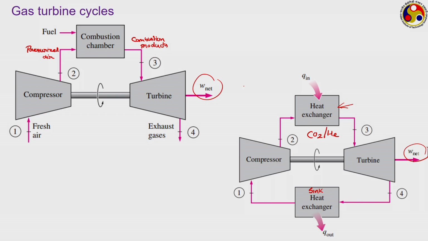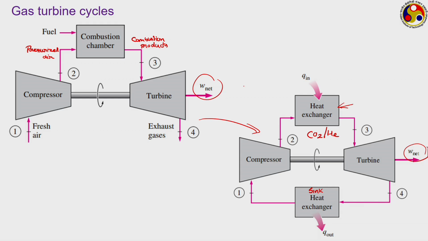If we assume, like in case of air standard cycles, there is no combustion; rather, we are replacing the combustion process by a heat addition process, and also there we have replaced the supply and exhaust processes by a heat rejection process. If we put those air standard assumptions on the open cycle, then that turns out to be a closed cycle, is it not? In case of an open cycle, just think about the air standard assumptions again.